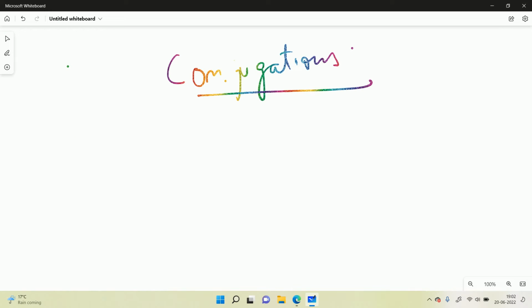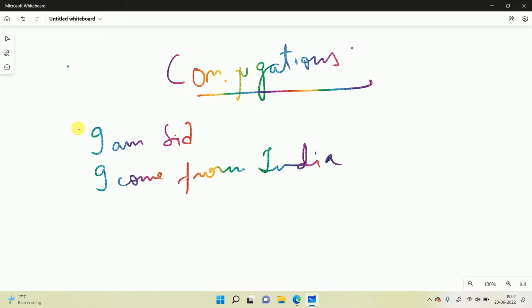Okay, so let's say if I give my introduction, I will probably be saying: I am Sid, short form for Siddharth. I come from India. I am an engineer, and so on. As you see, we are speaking multiple sentences, and there is a better way to communicate your thoughts, instead of always telling that I am Sid, I am from India.